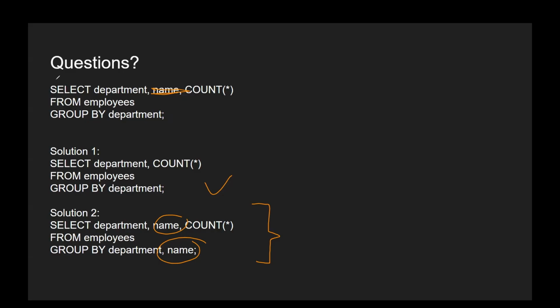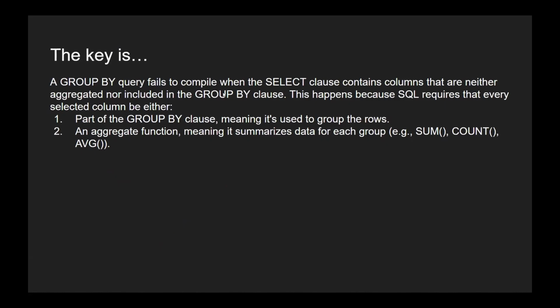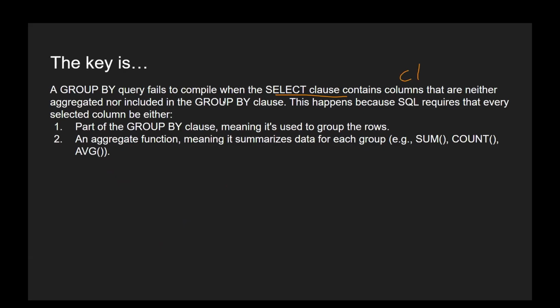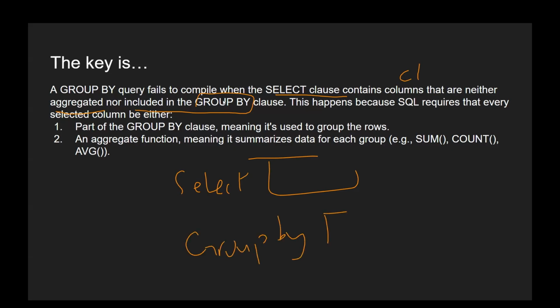Just like what I mentioned, a group by query fails to compile when the select clause contains columns that are neither aggregated nor included in the group by clause. Select something, group by something.